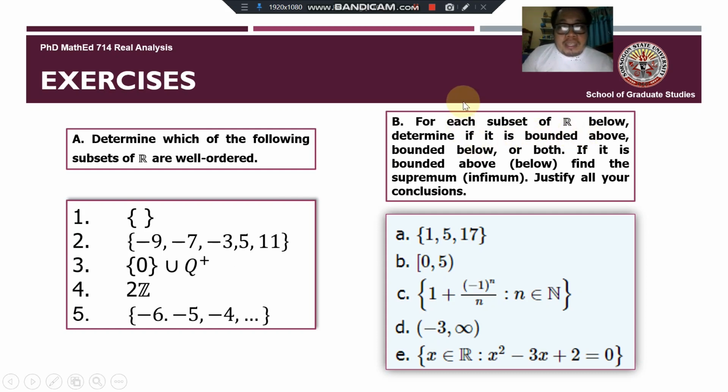For letter B, your task is to determine if it is bounded above, or bounded below, or both for each subset of R. Then if it is bounded above, you are going to determine the supremum. If it is bounded below, you are going to determine the infimum. You also need to include your justifications for your conclusions.